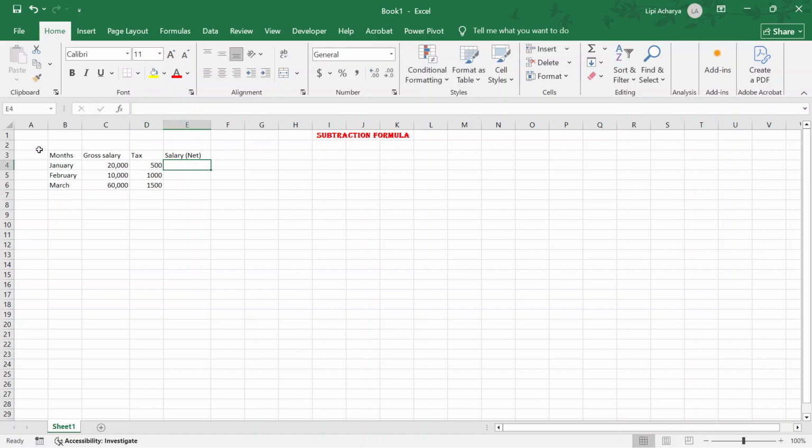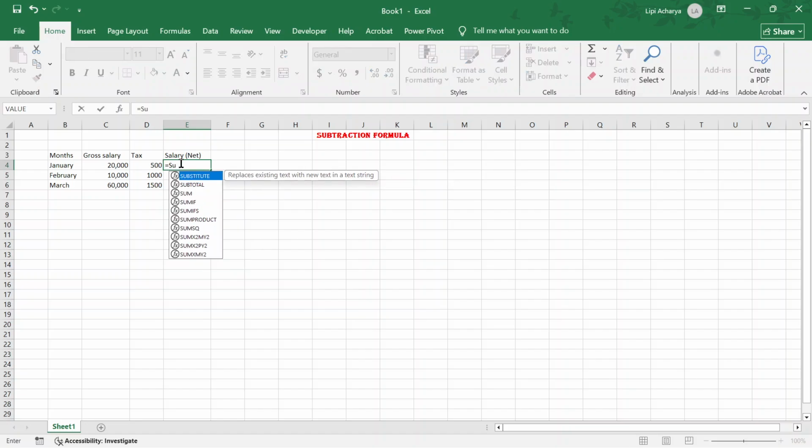Now this is the question. Now what is the answer? What will be the question? This is the given part. What is the question? Net salary. Now what is the formula over here? Equals to subtraction.